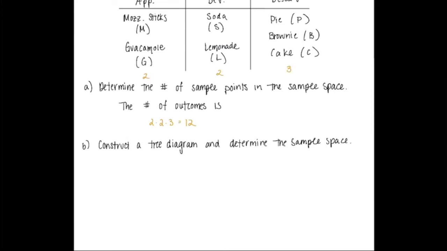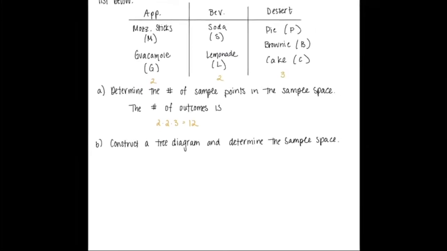So what I'm going to do instead is create this tree diagram, and it's going to have 3 kind of branches. We'll have the appetizers going off. So you pick that, follow that branch. And then you get to pick a beverage, and then you get to pick a dessert. And then that creates the sample space over here.